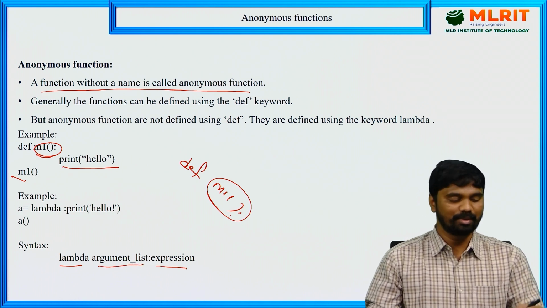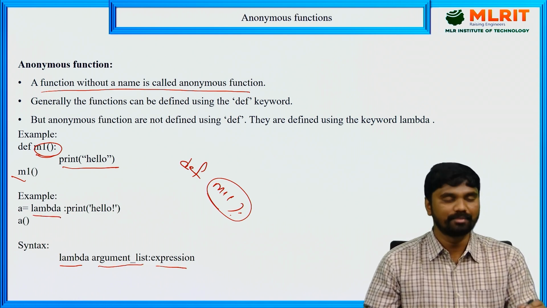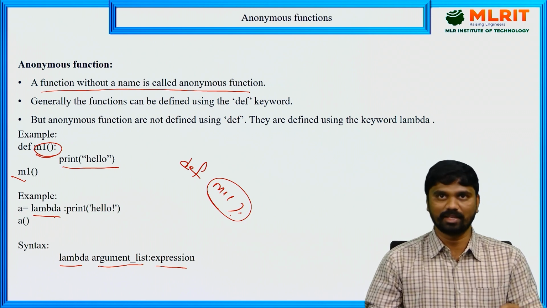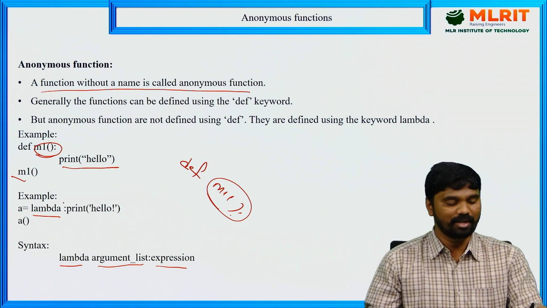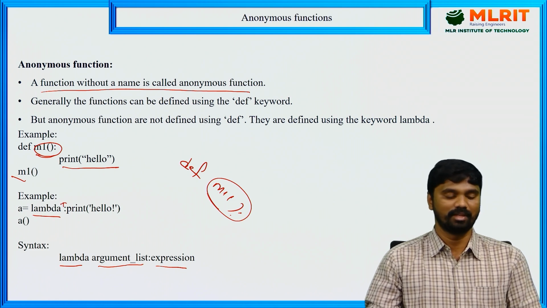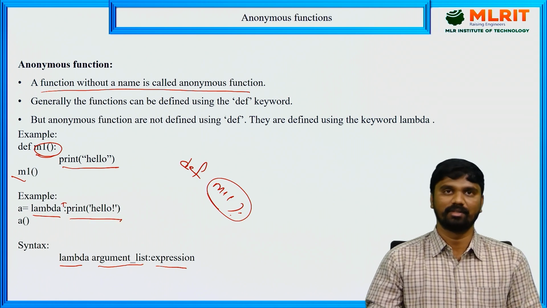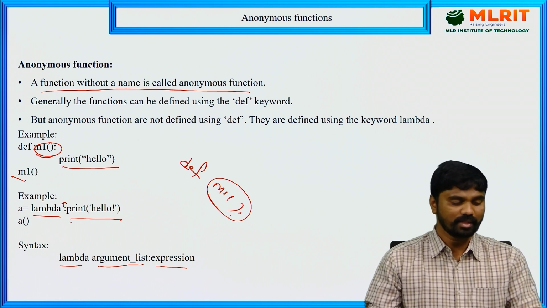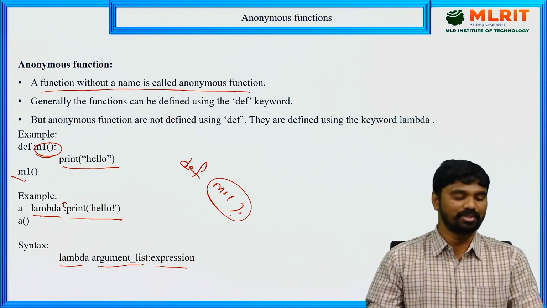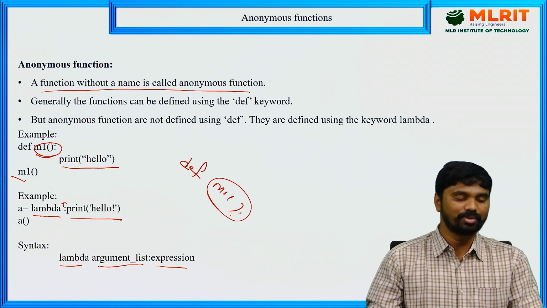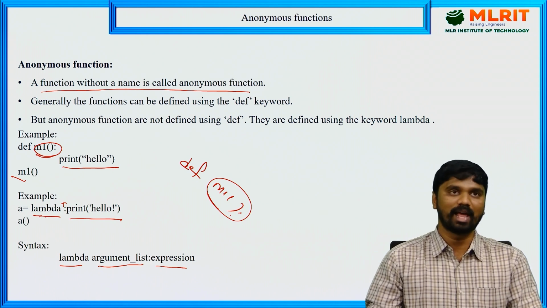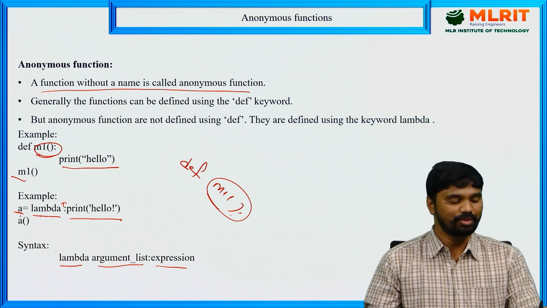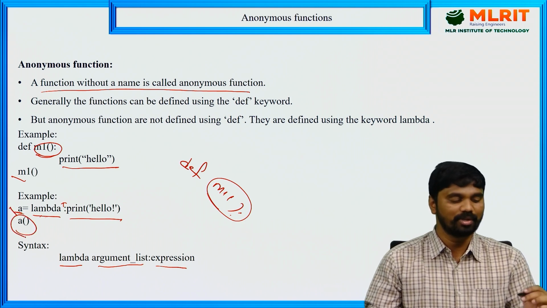Here, since we are not passing any arguments, we did not declare any, and then comes the print statement. That statement is assigned to this lambda function, and we give it a name, a, and by using this name we call it.